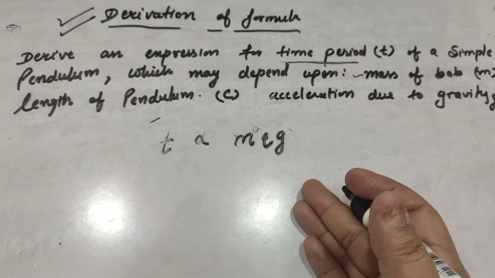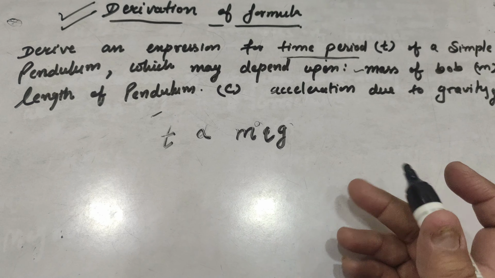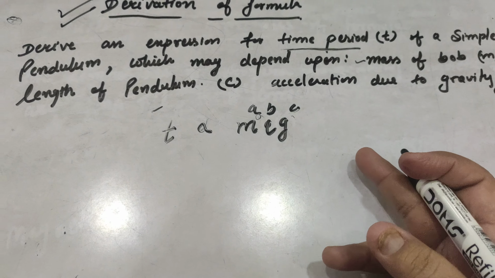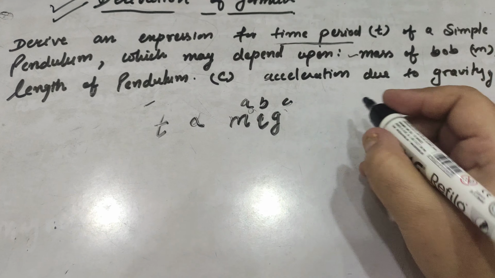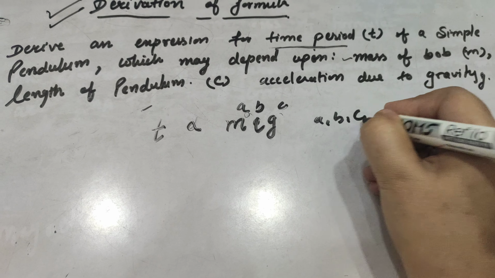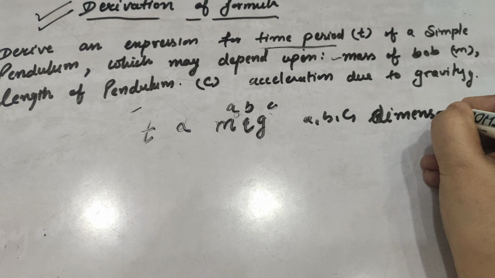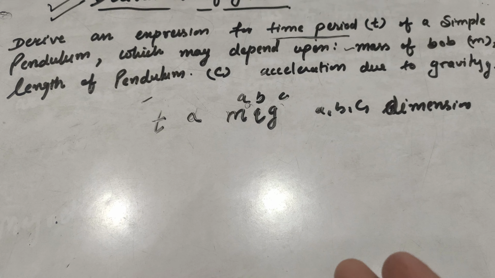Now to how many powers does T depend? For this, we will put powers a, b, c on these physical quantities on which it depends. Here a, b, c represent the dimensions of the physical quantity, meaning to which powers the time period depends upon m, l, g.